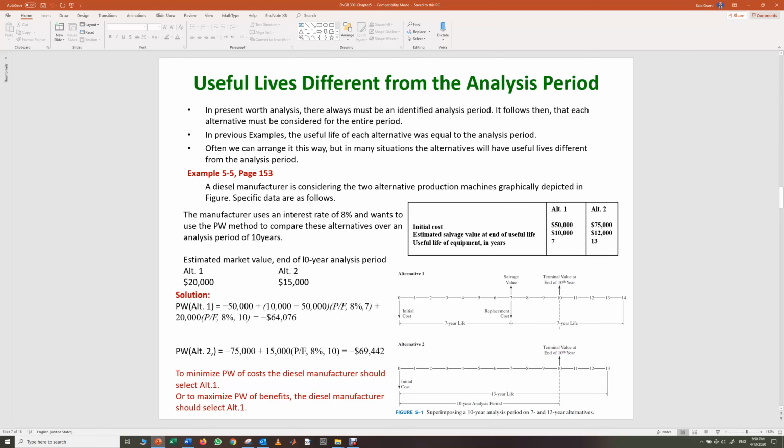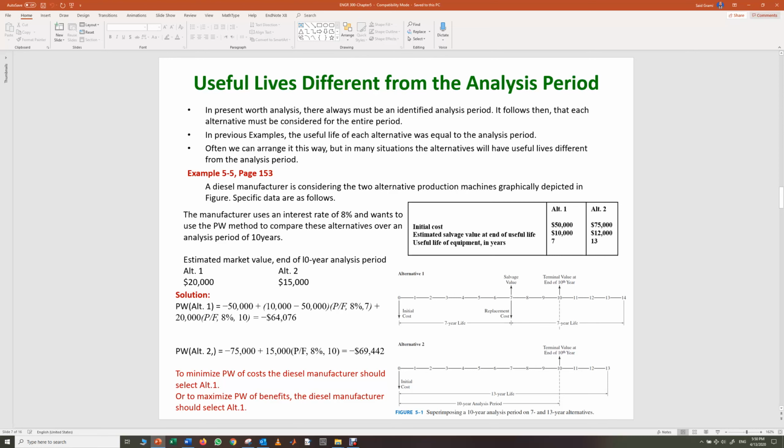Diesel manufacturing is considering the two alternative production machines graphically depicted in the figure. Specific data are as follows. So we have two alternatives for two different machines.